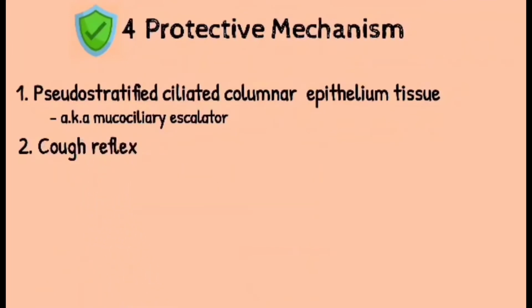Another mechanism is the cough reflex. This reflex is very important for the reason that it protects our airways and our lungs. Any trigger or foreign materials that come within our respiratory system may activate this reflex.